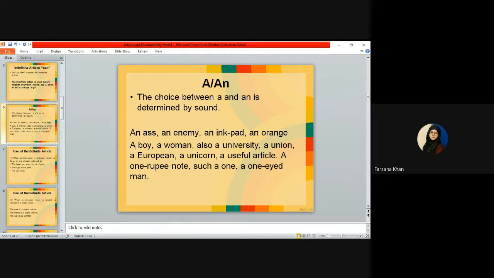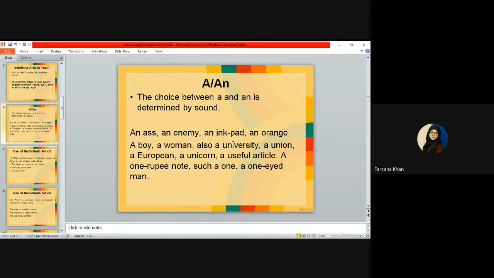A boy: you are pretty clear that it cannot be an boy, it is a boy. Similarly, a woman, not an woman. But what about university? Usually, students make mistakes here. They think that university starts with the letter U, which is a vowel letter, so there is a need to place an.